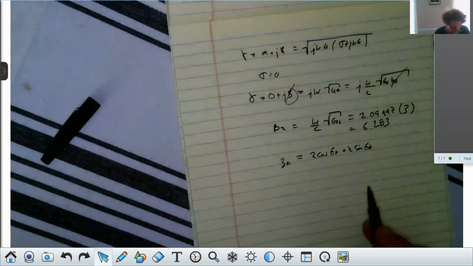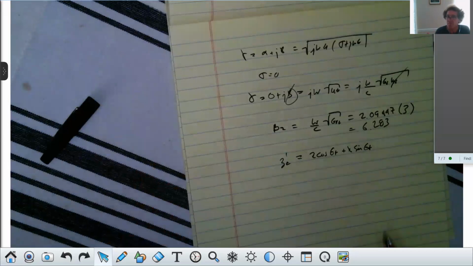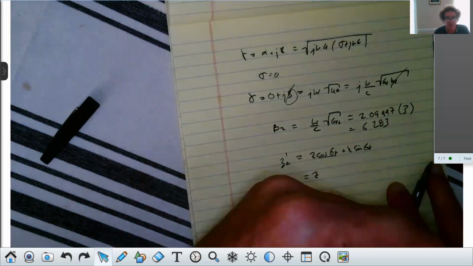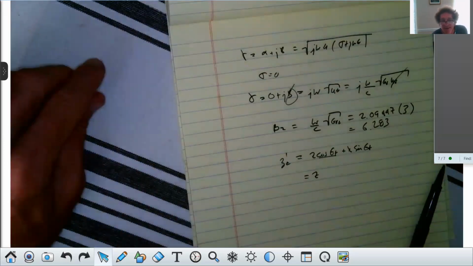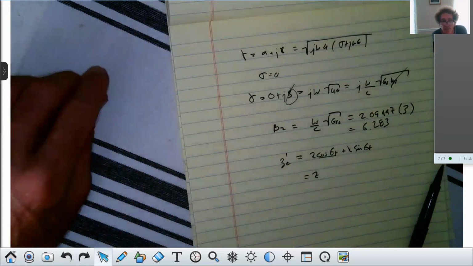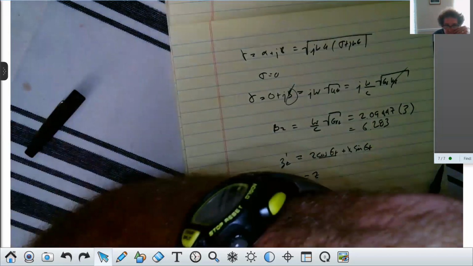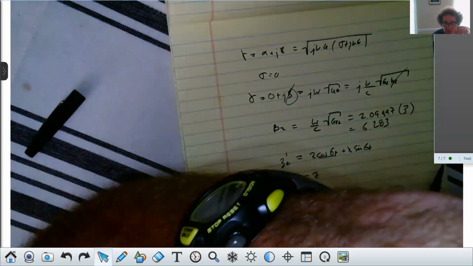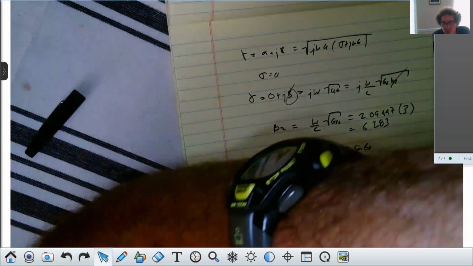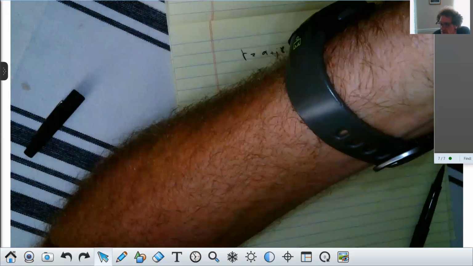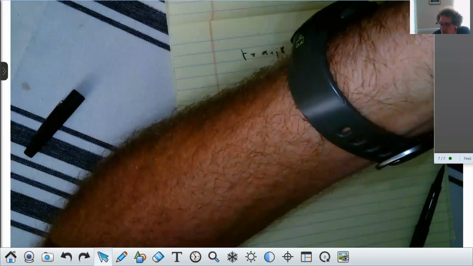Remember how we had that z prime vector? Now we're in region 2. Well, that's really z times the cosine of theta transmitted. Now, the transmission angle was what? 9.594 degrees, right? Guys, are you with me?